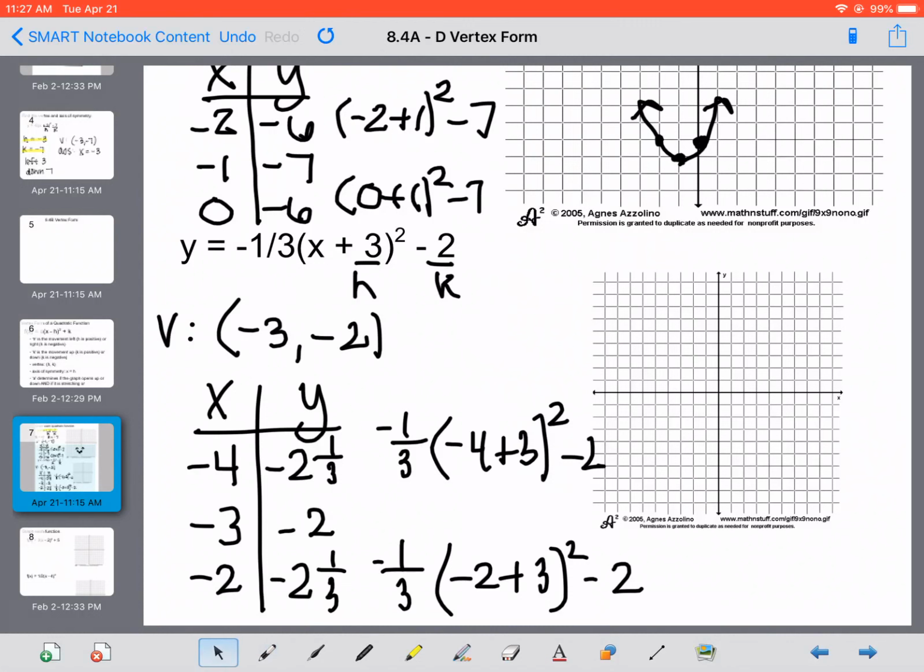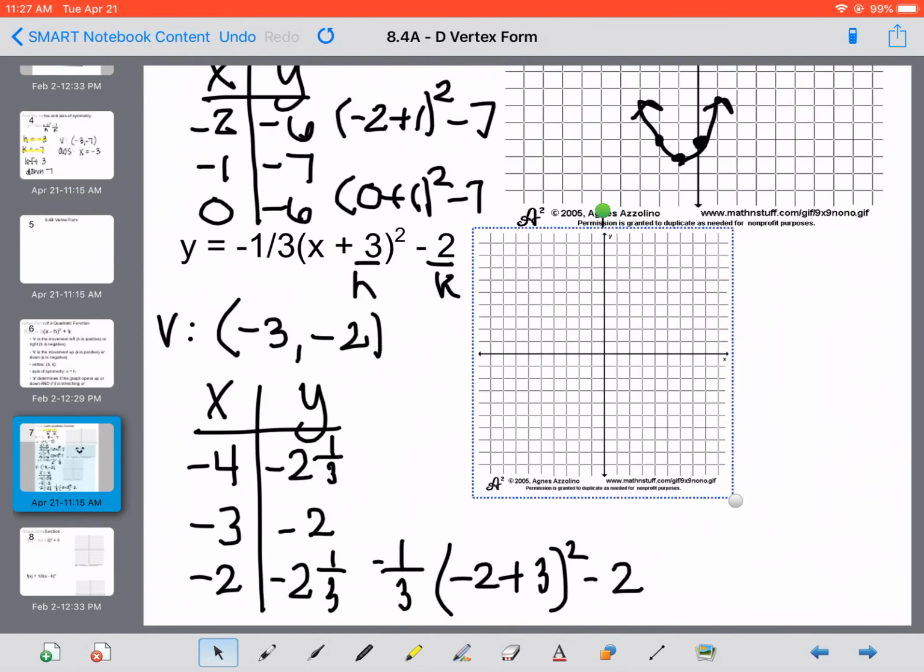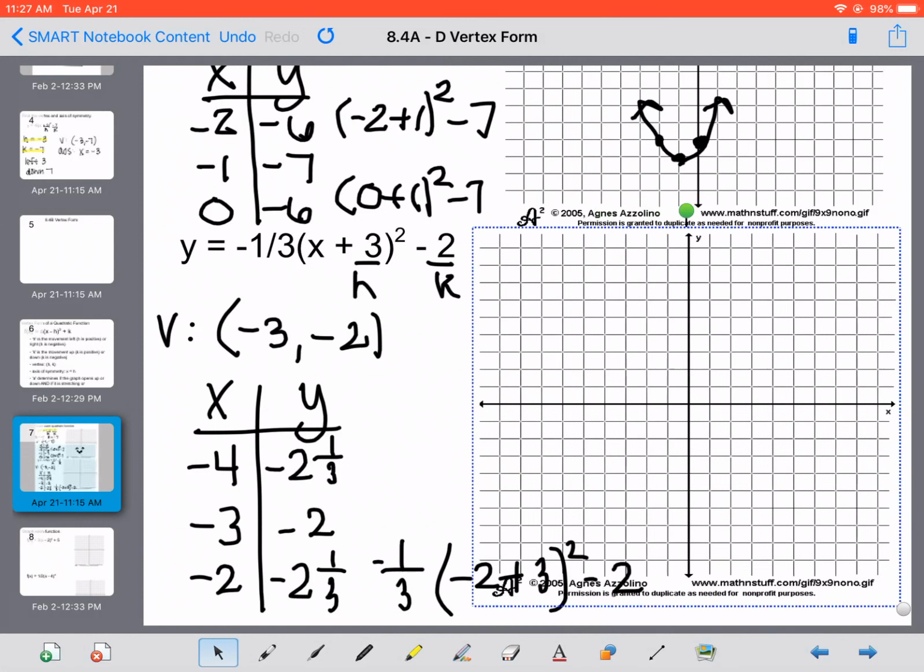I'm going to erase this work here so I can make my graph bigger. So now I just need to plot those 3 points. So if we plot, our vertex is right here, and then at -4 we're at -2 1/3, so I'm just going to go down a little bit and down a little bit, and then there would be my graph.